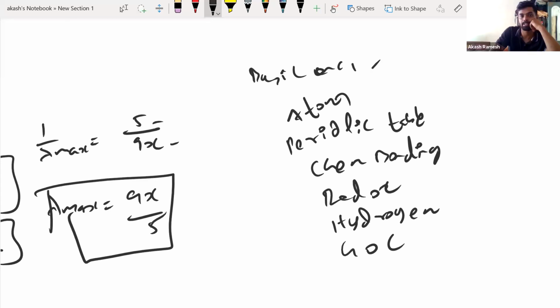Fine. So this we'll complete in another three classes. The periodic table is very easy. Chemical bonding is very interesting. Redox is a very small chapter. Oh God, hydrogen, people, right? There is no point in teaching that particular chapter. It is so boring. So what we'll do for hydrogen is have a quiz.